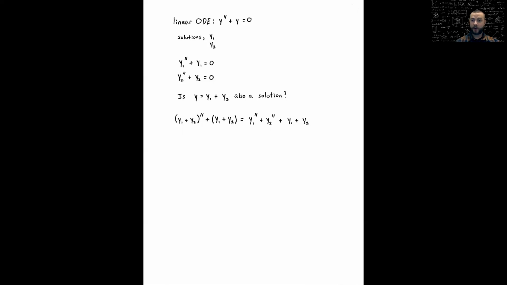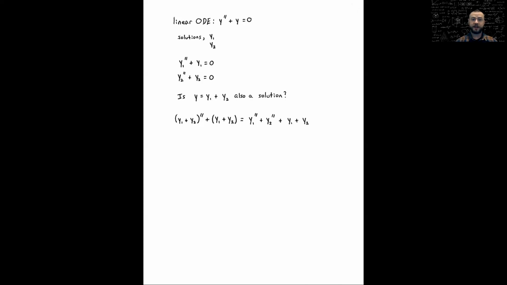Well, when you plug y1 and y2 into the differential equation, they satisfy it. What we're asking right now is, is y1 plus y2 also a solution? If we want to be a little more technical, we would say if we have two solutions, y1 and y2, is a linear combination of them also a solution?